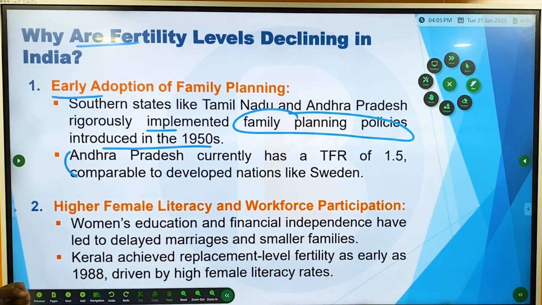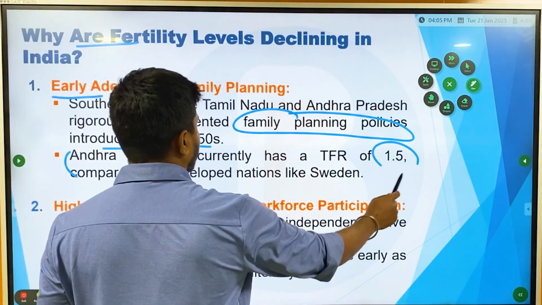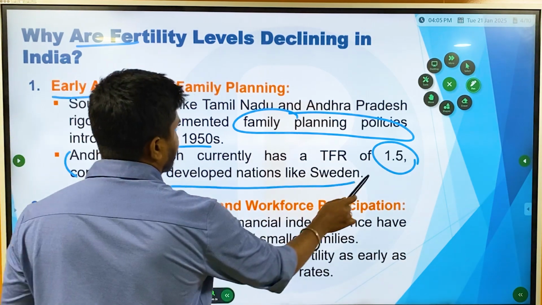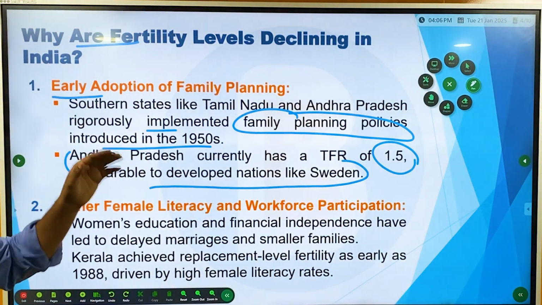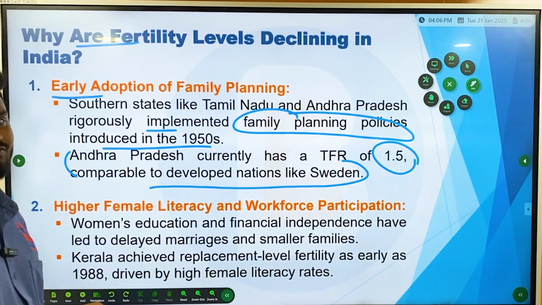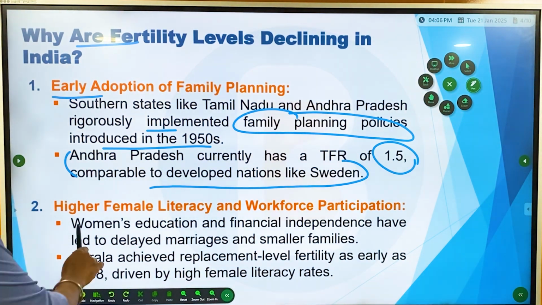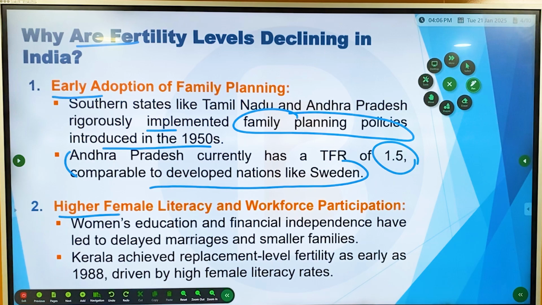Andhra Pradesh, as a result, currently has a TFR of 1.5, comparable to that of developed nations like Sweden.